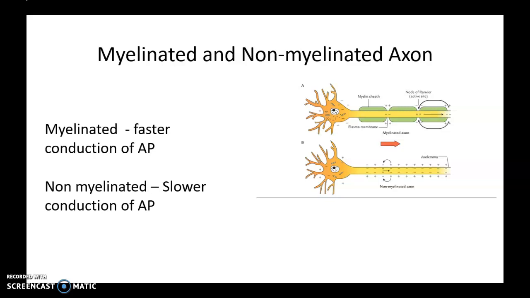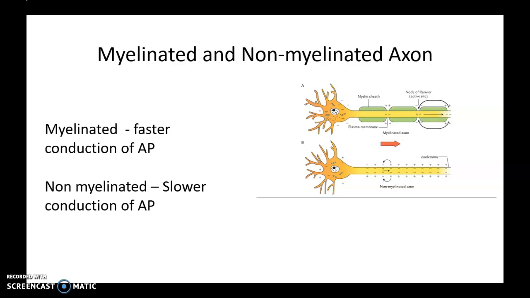Now remember, myelin sheath helps to insulate the axon, meaning if an axon has myelin sheath, the axon is obviously better insulated, and the charge doesn't dissipate, right? There is no dissipation of charge, meaning the charge doesn't just move outward.